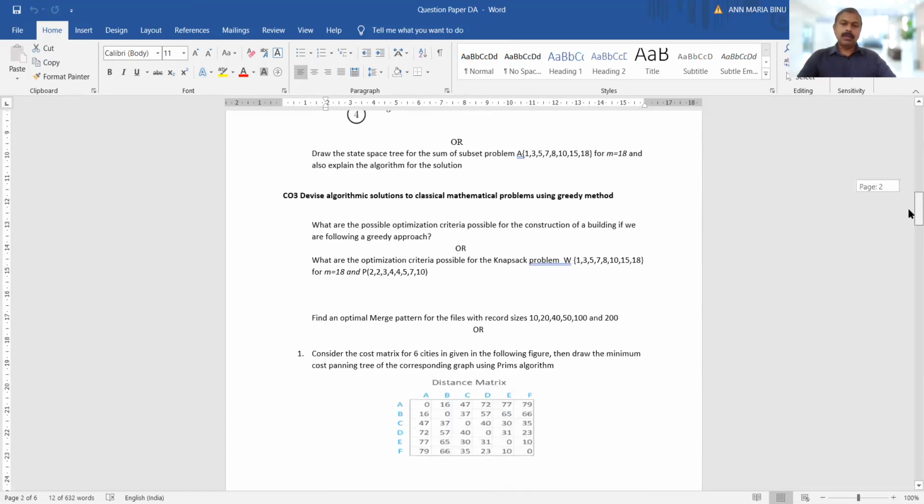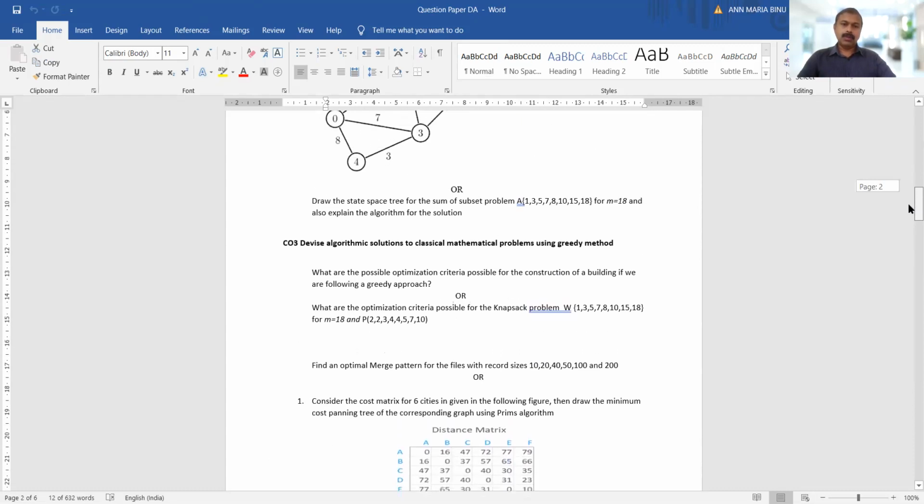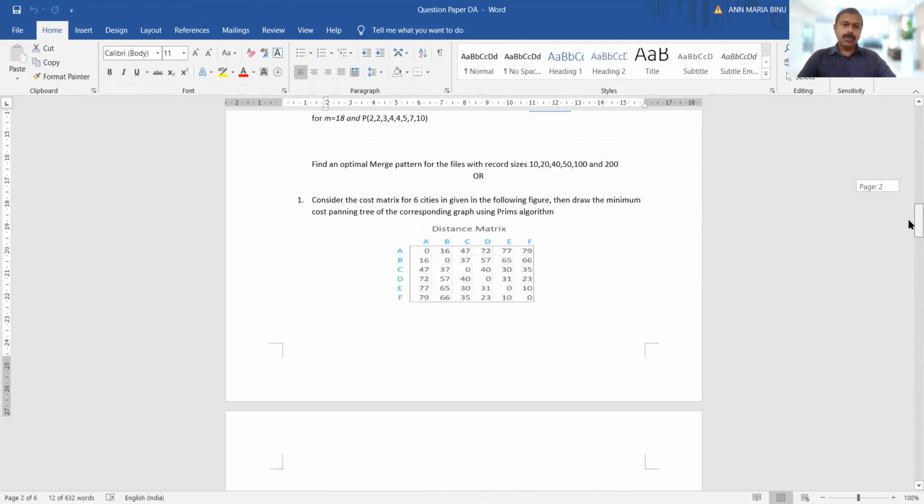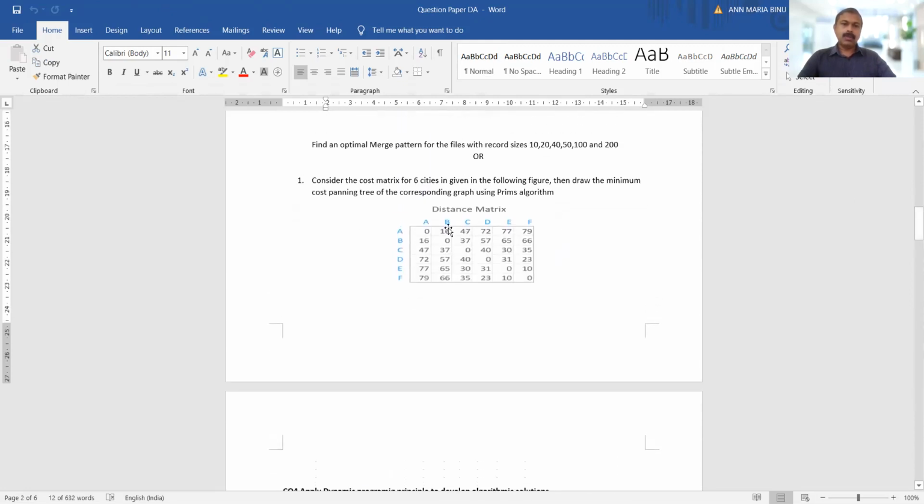And then we have course outcome number 3 and different types of questions. This is an application level question for course outcome number 3. Consider the cost matrix for 6 cities given in the following figure. Draw the minimum cost spanning tree of the corresponding graph using Prim's algorithm.